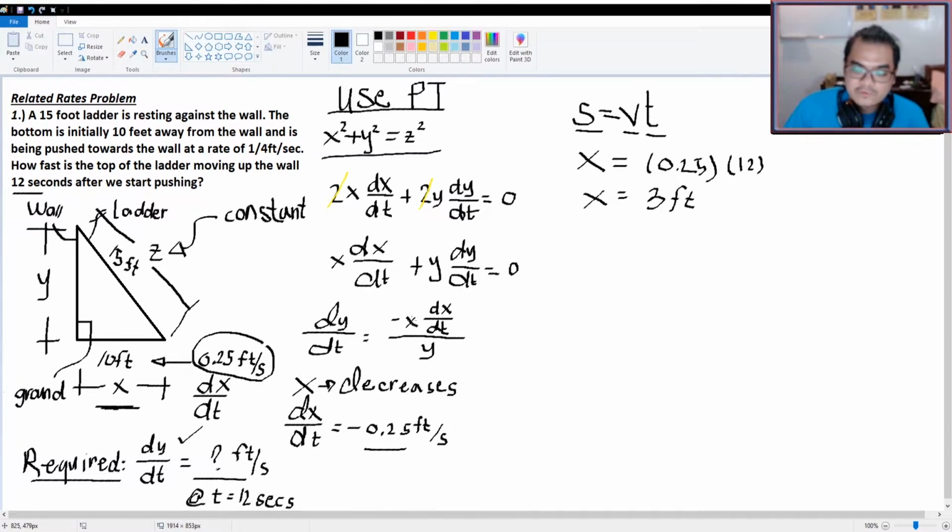Now we already have the value of x. We have the value of dx over dt, which is negative 0.25. And for y, do we have a value? No, we don't, but we can get it.